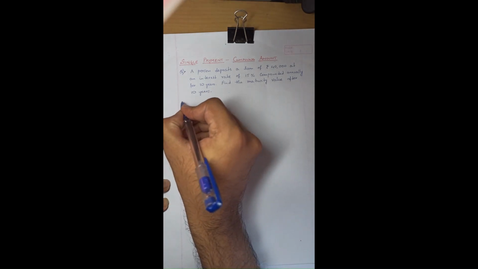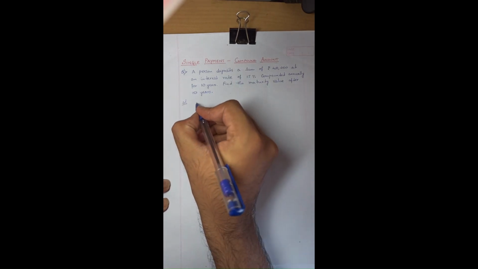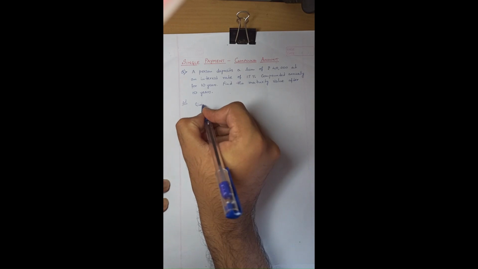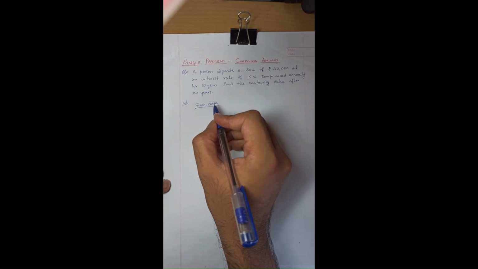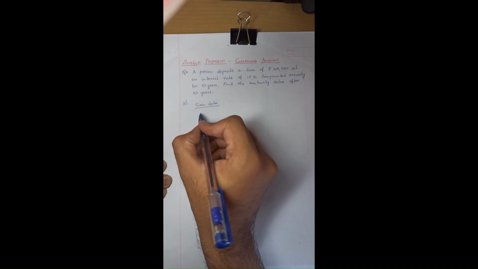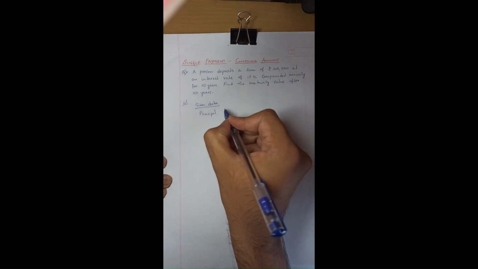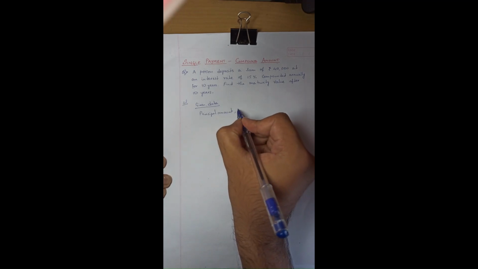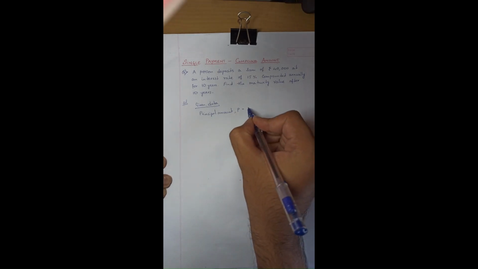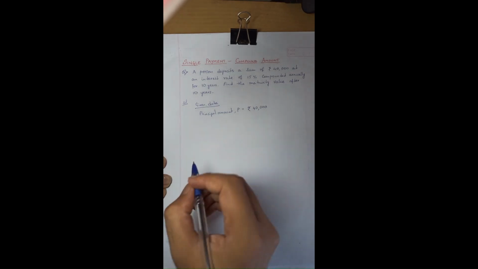So, solution for this problem, we'll write down the given data first. Given data: first is the principal amount, that is the amount which is going to be deposited into the bank, which is denoted as capital P, equal to rupees 40,000.